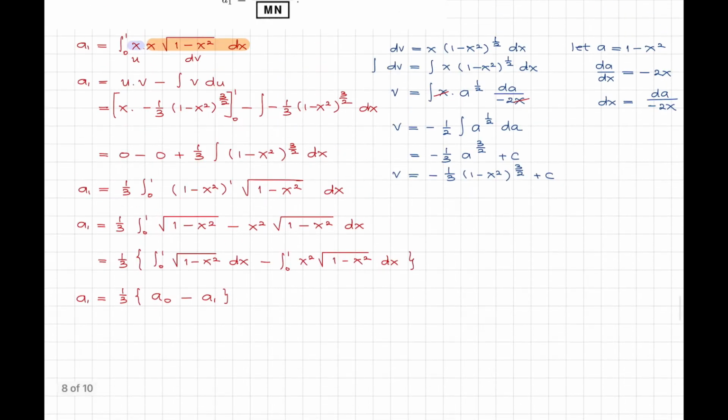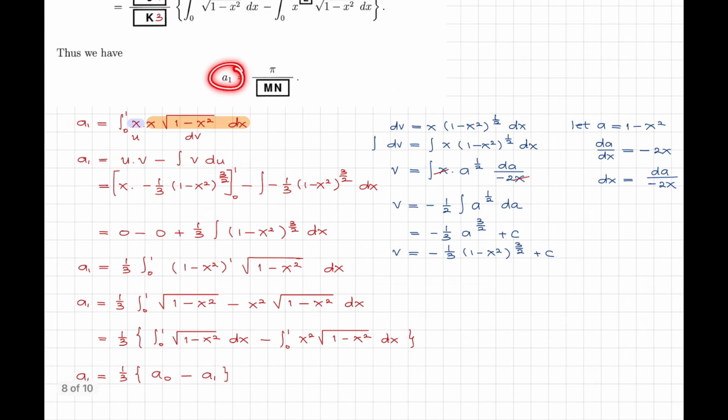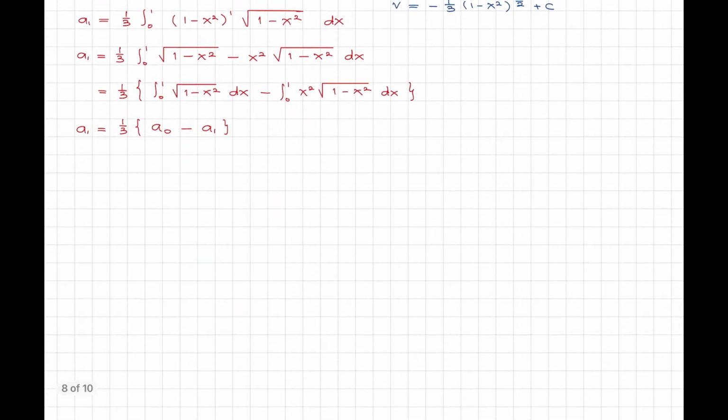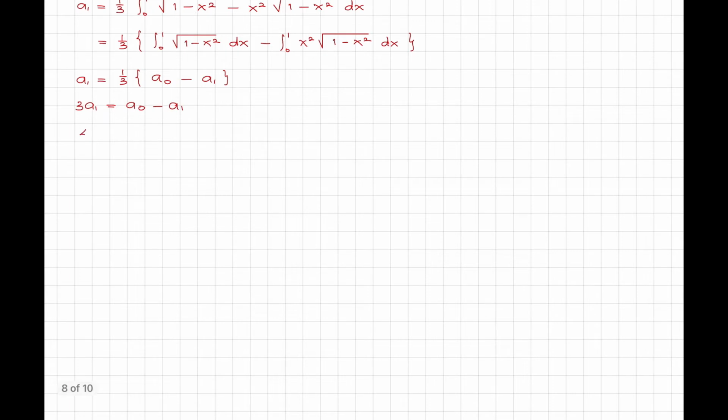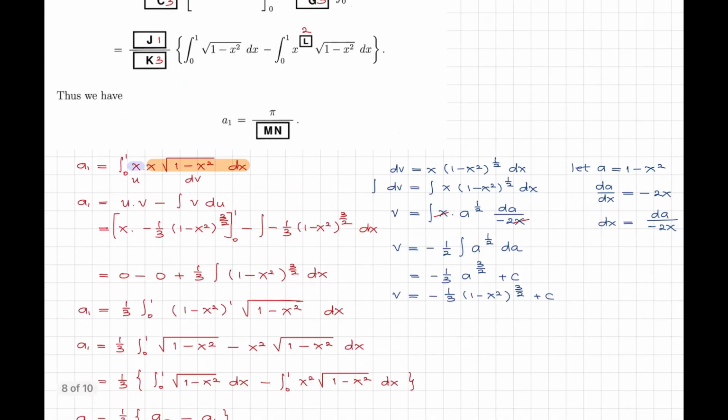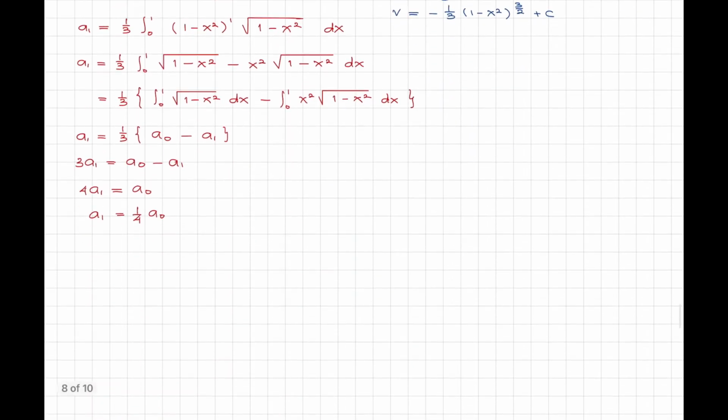We want to find the value of A1. Just cross multiply the 1 over 3 to the left hand side. I got 3A1 equals A0 minus A1. I will get 4A1 is equal to A0. Then A1 is equal to 1 over 4 A0.